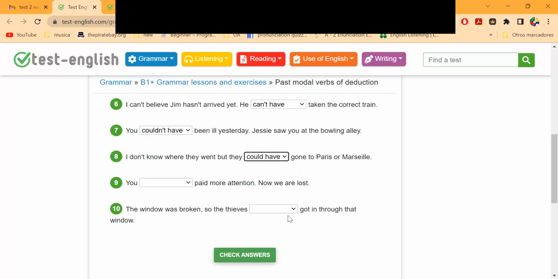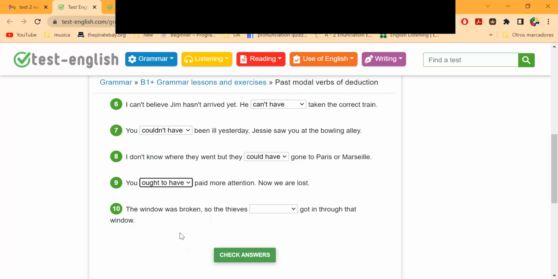You paid more attention. Now we are lost. Aquí están criticando. Y tenemos una forma un poquito más arcaica. Ought to have.